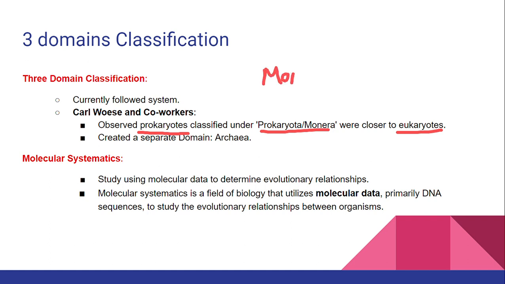Why did I differentiate them? Why do I have kingdom Monera and why do I have different fungi, plants and animals? Because they were different, right? But Carl Woese and his co-workers observed that in kingdom Monera the bacteria present was showing characteristic features related to the eukaryotes. Due to this, he added domain Archaea separately.